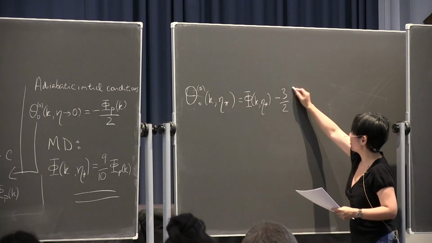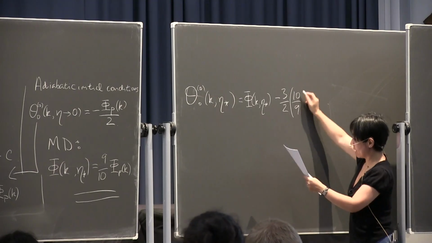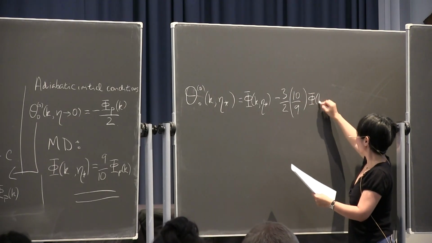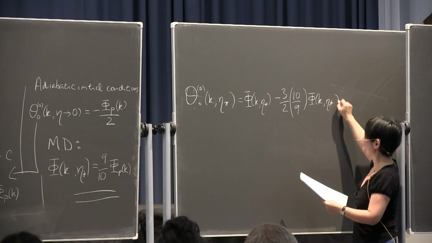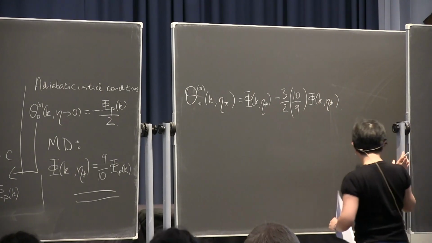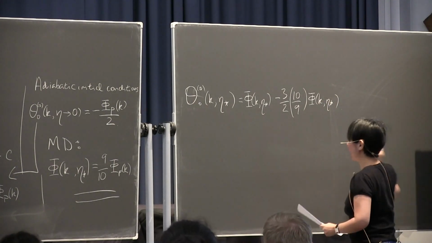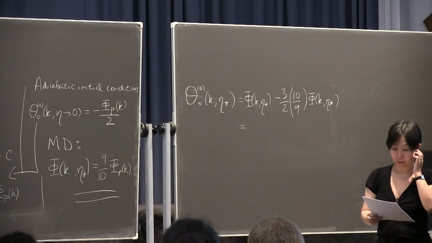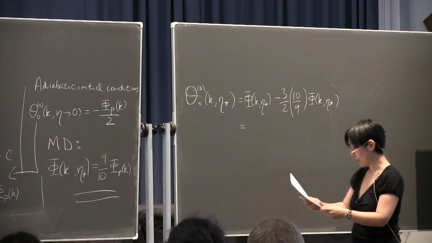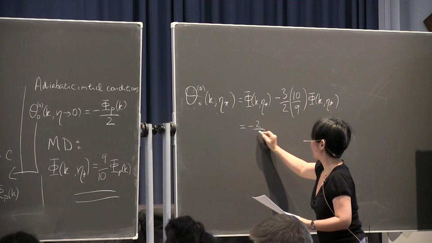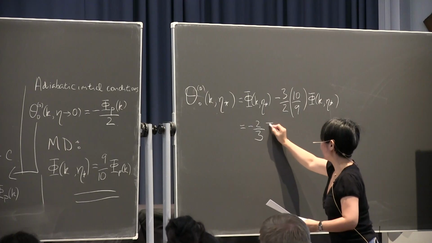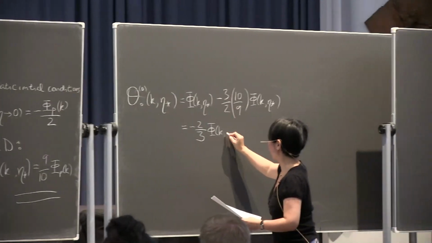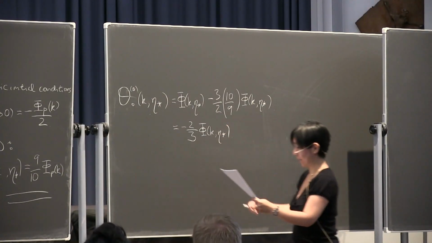So I can just stick that solution in, and I'll have 10/9 phi of k and eta star. If you crunch through this, what you end up with is a simple relation between the photon monopole temperature fluctuation and the Newtonian gauge potential phi of k at the same time, at decoupling.